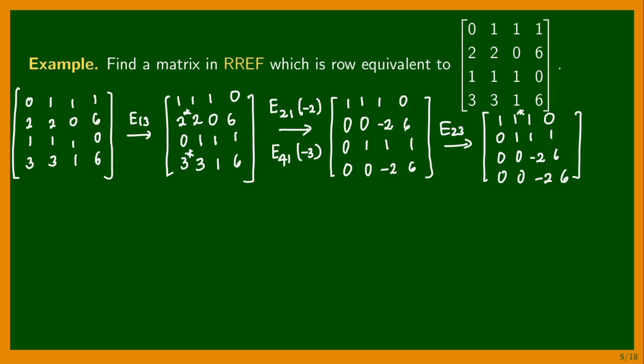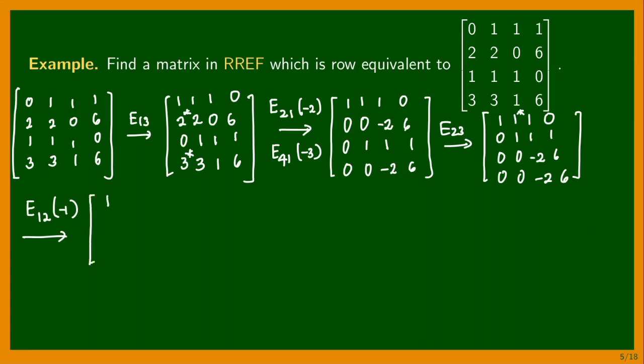So what I can do to eliminate that is, because the pivot is in the second row, I can multiply the pivot by negative 1 and add it to the first row. So that corresponds to the operation: of course, we will replace the first row, the pivot is in the second row, we will multiply a negative 1 on the pivot.